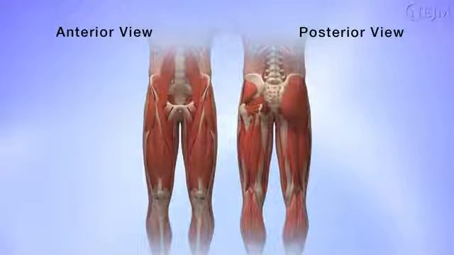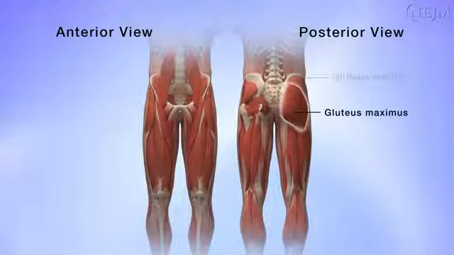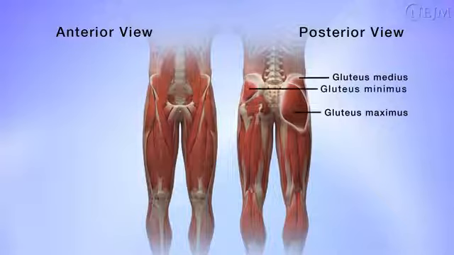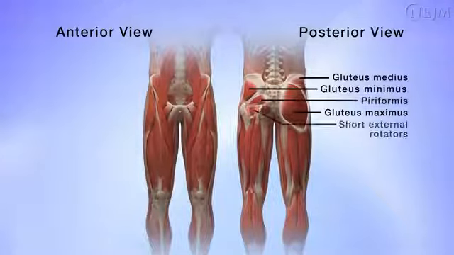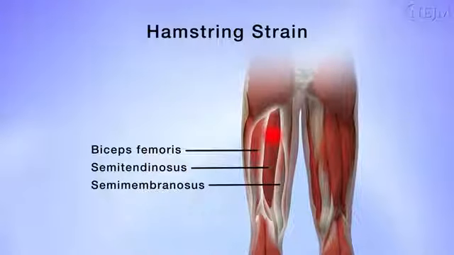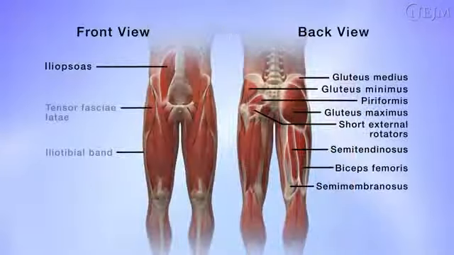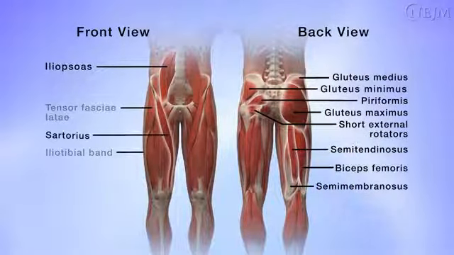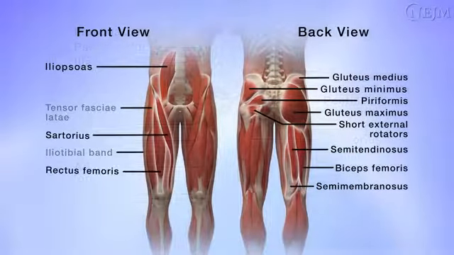Posteriorly, the major muscles of the hip include the gluteus maximus, gluteus medius, gluteus minimus, and piriformis, as well as the short external rotators. The hamstrings, which include the semimembranosus, semitendinosus, and biceps femoris, are essential for hip extension and knee flexion. Other relevant muscles include the iliopsoas, sartorius, and rectus femoris.